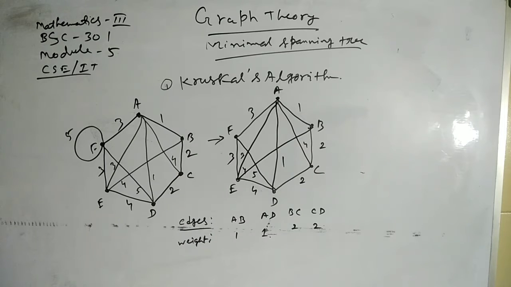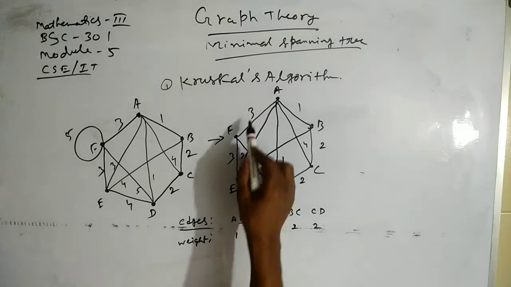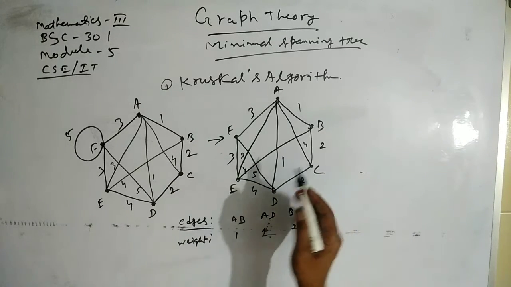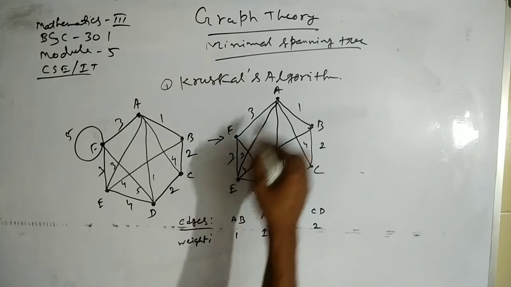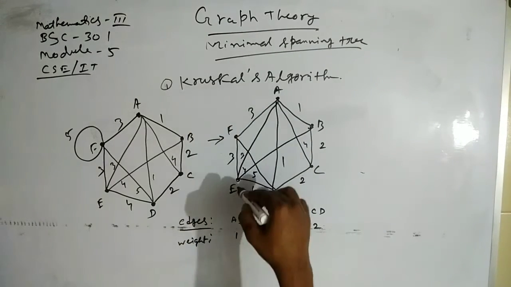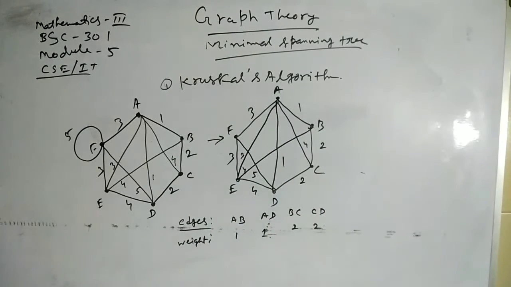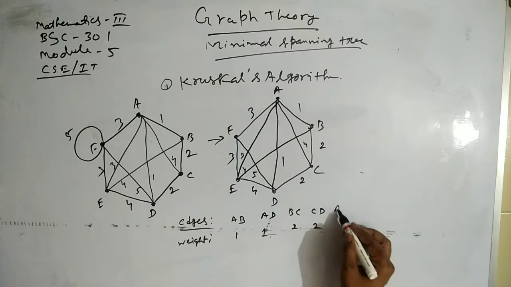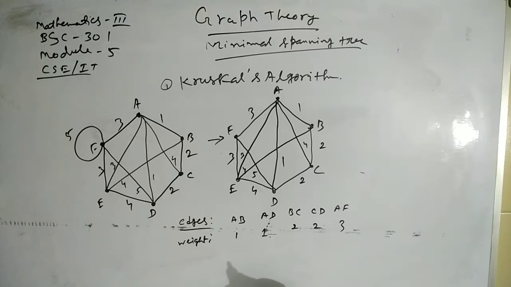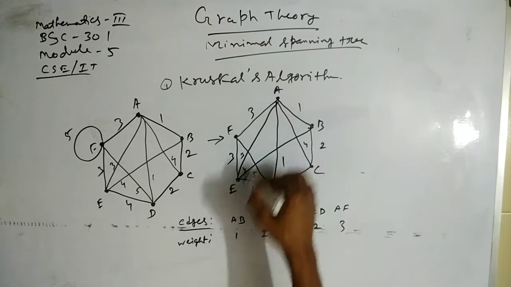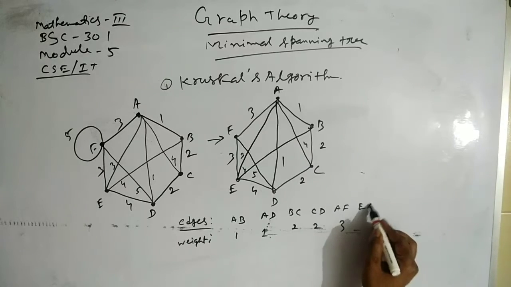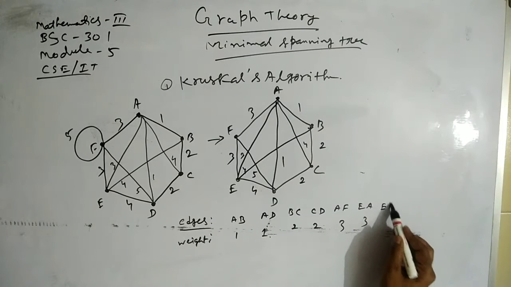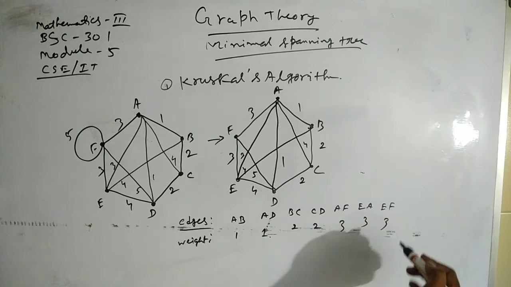Okay. Next, there are 3 edges with weight 3. Those edges are EF, AF and EA. So AF with weight 3, EA with weight 3 and EF with weight 3.